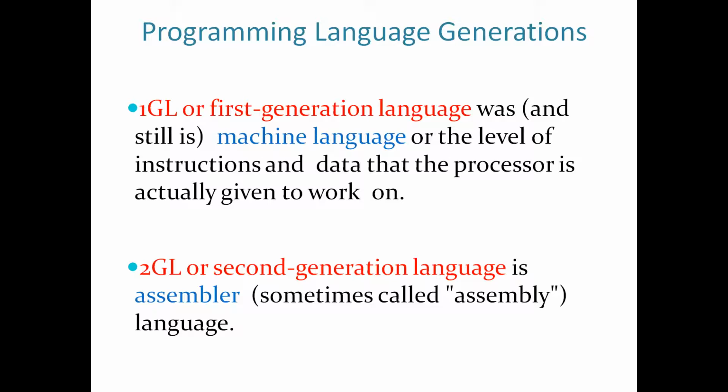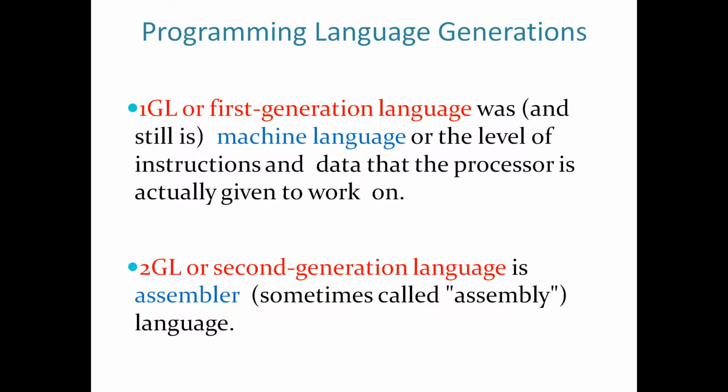Just like the example I gave a moment ago, if two persons want to communicate with each other and they don't know each other's language, they need a third person in between who will do the translation for both sides. Similar is the case with the computer. All these programming languages that we use today are converted into machine language code, and then that machine language code is executed by the computer and gives us the desired output. Coming towards the second generation, the language is called the assembler or assembly language.